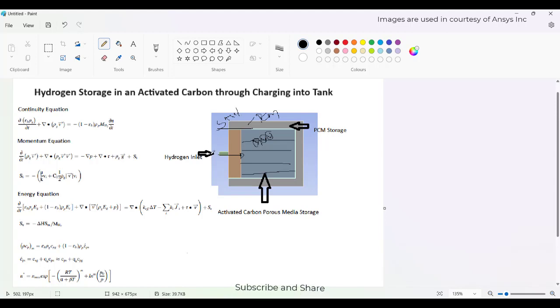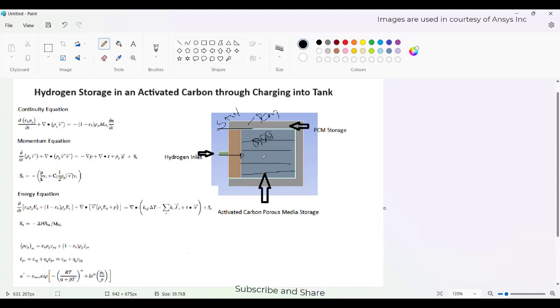Once the hydrogen enters into this activated carbon, there is energy that will be dissipated, and that dissipated energy will travel through this phase change material and be stored in the phase change material. Now when the activated carbon is exposed to the hydrogen, the hydrogen starts depositing in the activated carbon, and the porosity of the carbon tries to decrease.